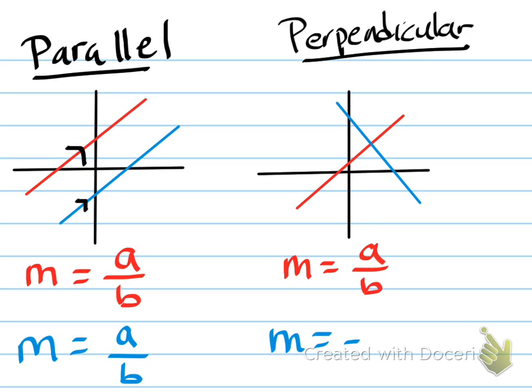And if the slope happened to be in this pattern of the opposite, so this is positive, this is negative, and reciprocal, this is flipped from top to bottom, right? If we have this relationship, then our slopes are indeed perpendicular. So that's what we're looking out for. Are they the same, or are they precisely the opposite in two different ways? Positive, negative, and flipped. So let's find out.